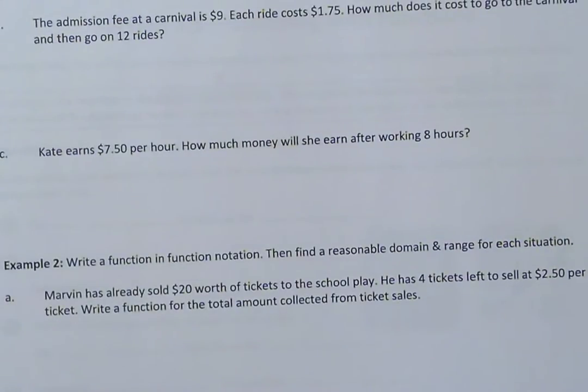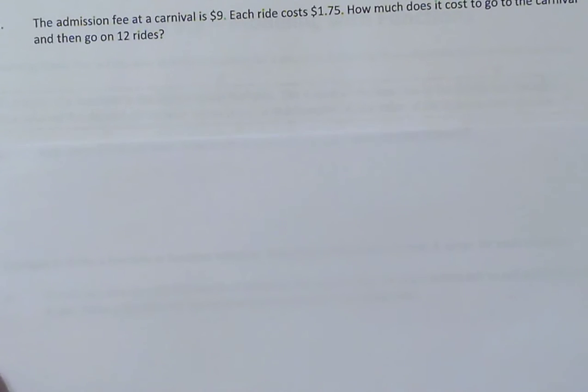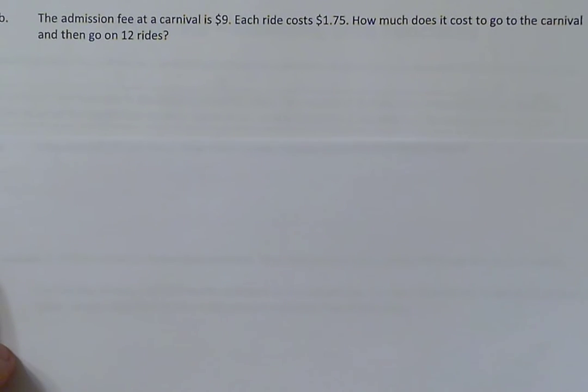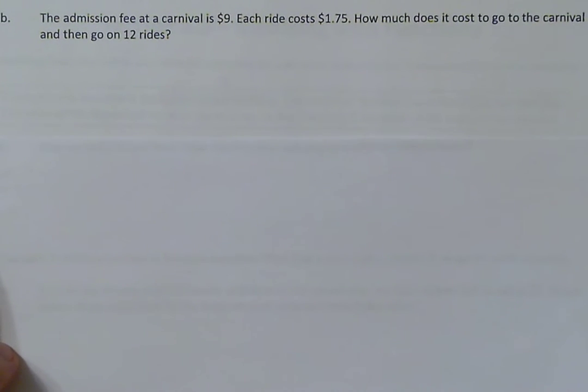Alright, so for part B, it wants us to do the same thing: identify the independent and dependent variable, write a function, and then solve it for the situation.